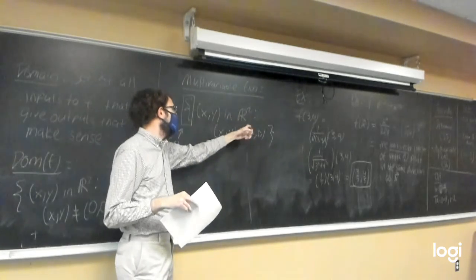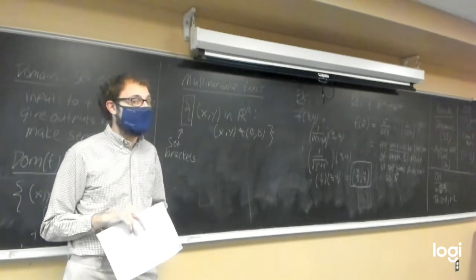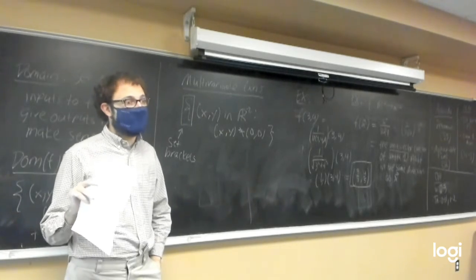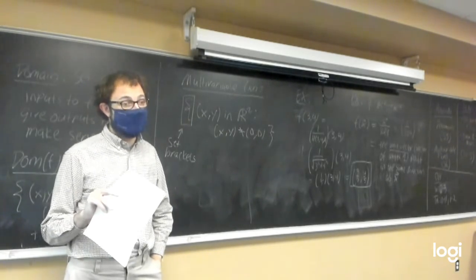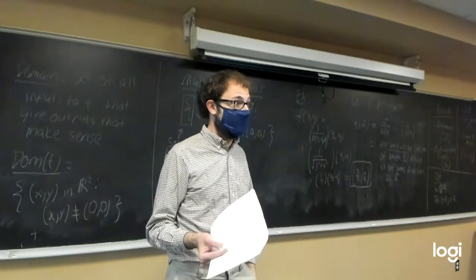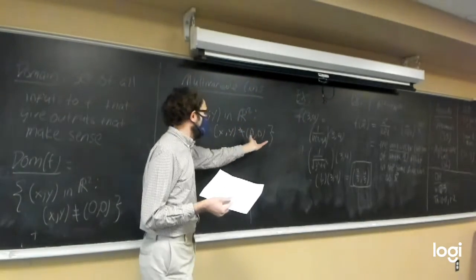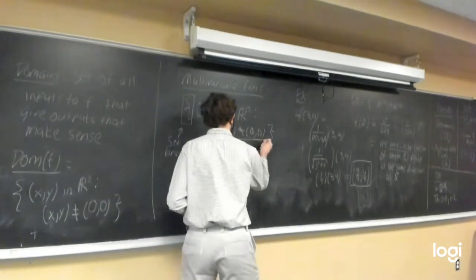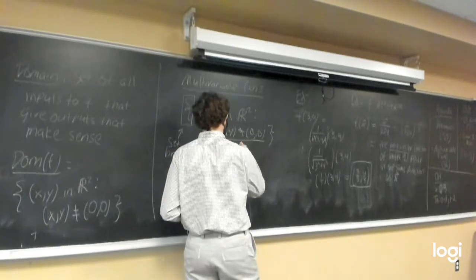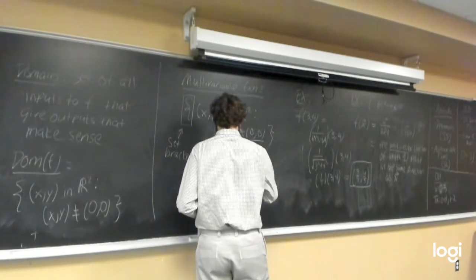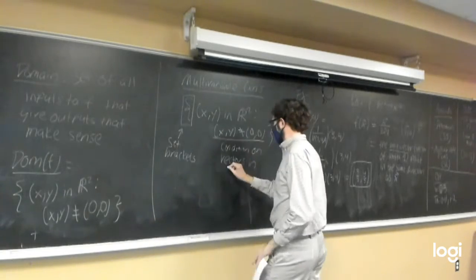And then the colon, xy is not equal to 0, 0, just means we're setting a condition on which vectors in R2 we're allowed to have. And since the domain is a set of things we can plug into the function, we're excluding 0, 0 as a candidate from this set. This is going to be a condition on the vectors in the set.